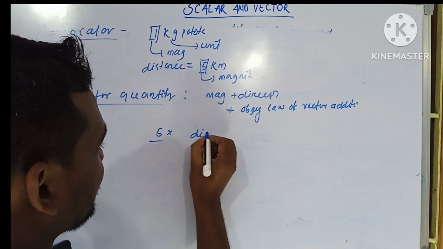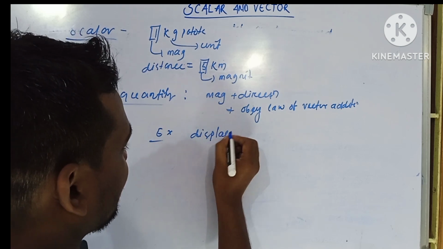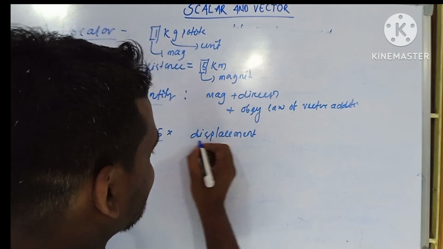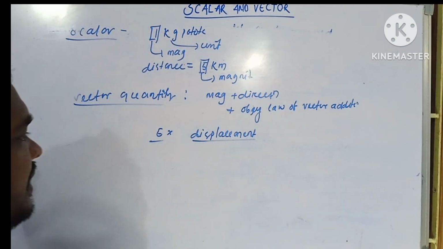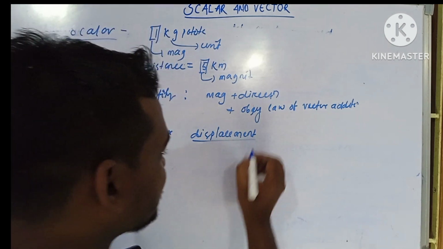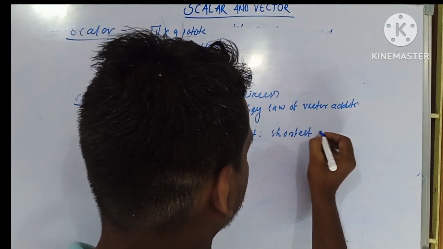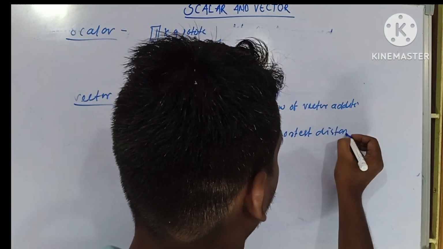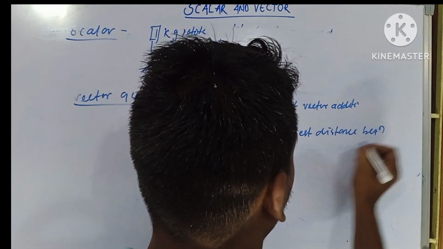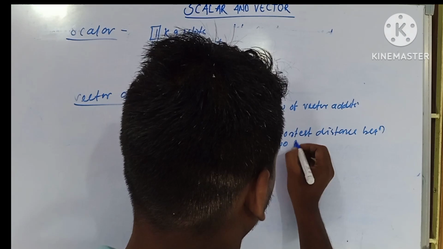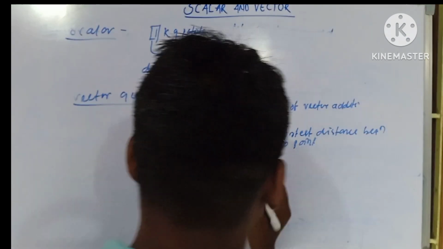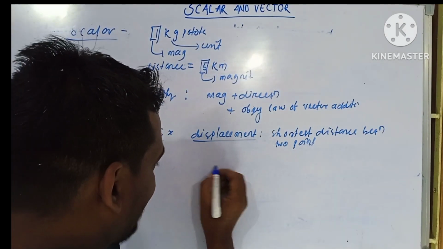Let's see an example: displacement. Displacement is a vector quantity. Displacement means the shortest distance between two points.